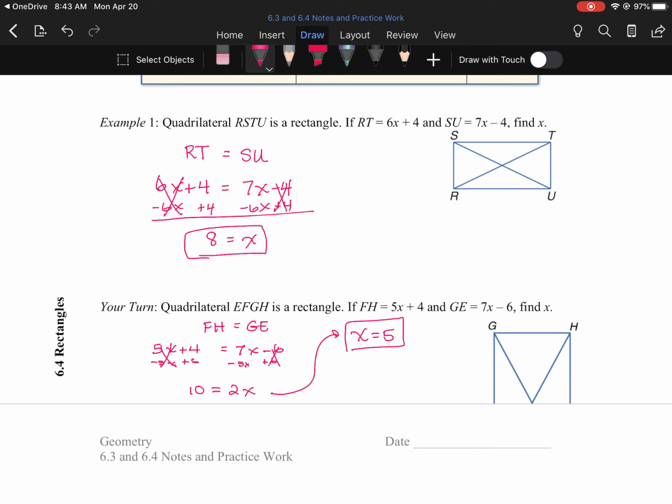All right, so for this your turn, we found that x is equal to 5.